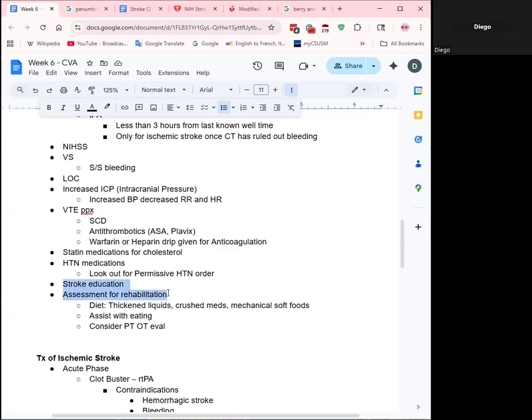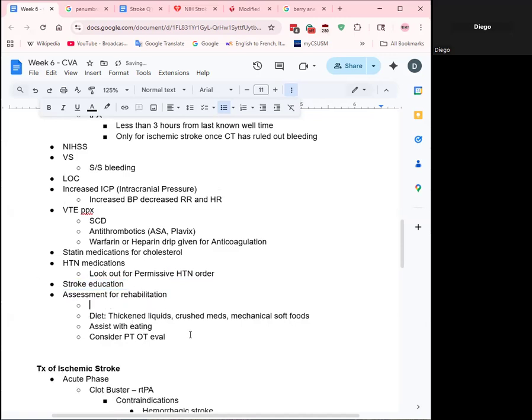And then, of course, you're providing education. If the patient has a stroke, they want to have a speech evaluation done. A speech eval is something that's going to be happening in order to determine if they're able to swallow or if they need modifications to their diet, like thickened liquids, or you need to crush their meds, or anything like that in order to be able to actually take their meds.